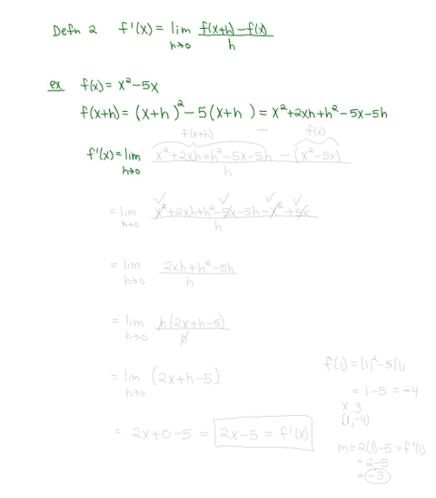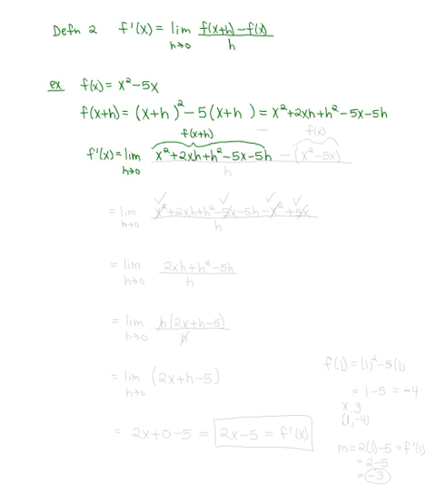F of x plus h, we just got through saying, turns out to be all that stuff that we multiplied out: x squared plus 2xh plus h squared minus 5x minus 5h. So this quantity represents f of x plus h.